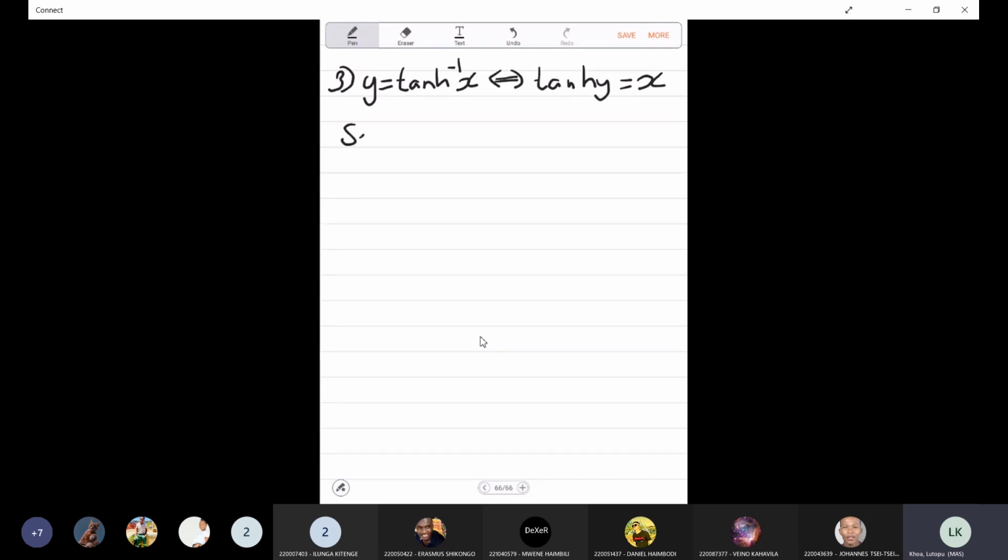We have sech squared of y times y prime, this is 1, so y prime is equal to 1 over sech hyperbolic squared. Okay, then remember that the hyperbolic sech squared is 1 minus tanh squared. So this is 1 over 1 minus tanh squared.